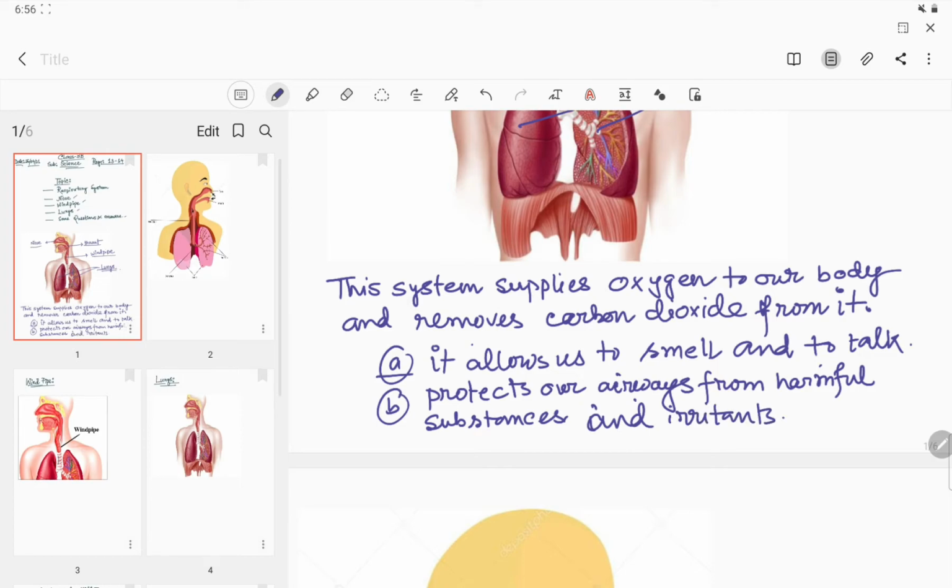Clear? It allows us to smell and to talk and protects our airways from harmful substances and irritants.